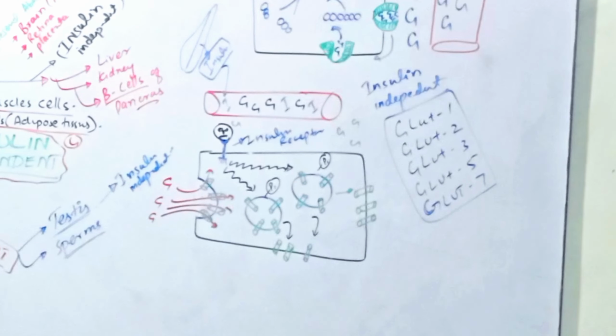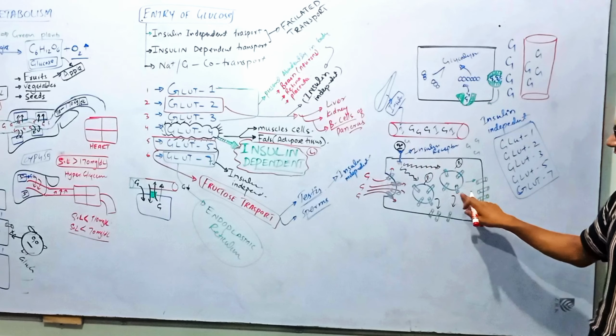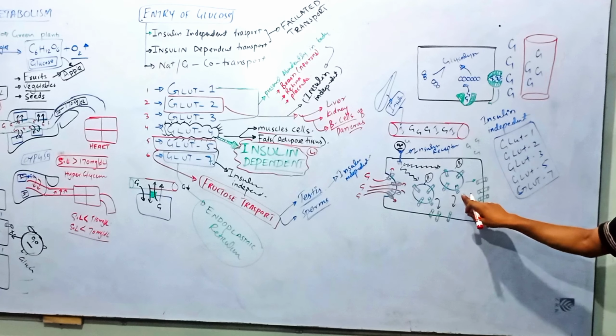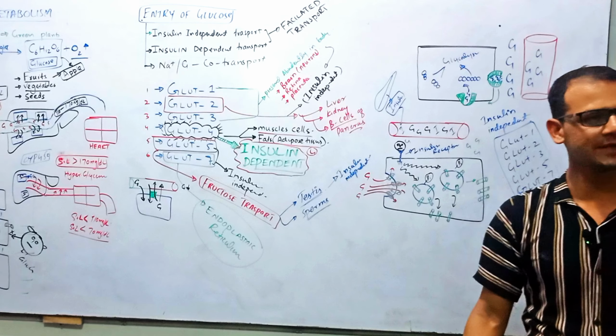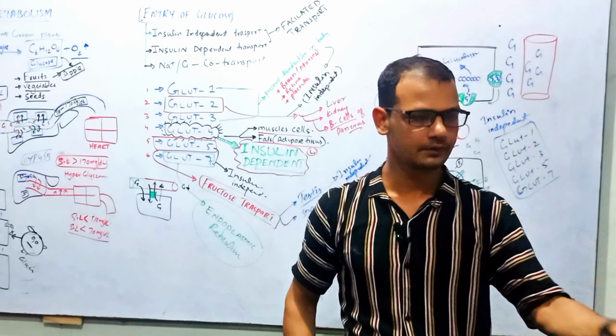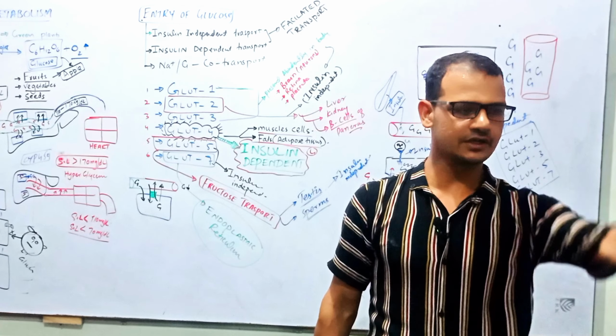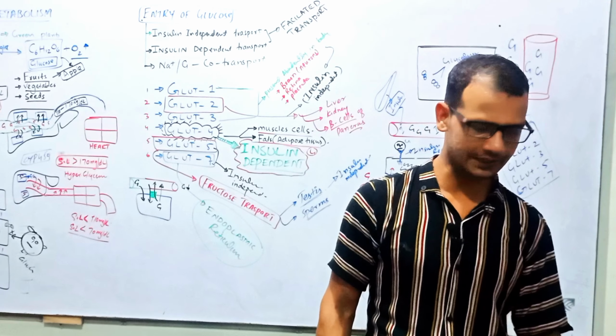Now, if insulin is not present, can these GLUT4 receptors work? No. So there are two types of diabetes mellitus. One is called diabetes mellitus type 1 and one is called diabetes mellitus type 2. So what is diabetes mellitus? Increased sugar level or disturbed sugar level, right?